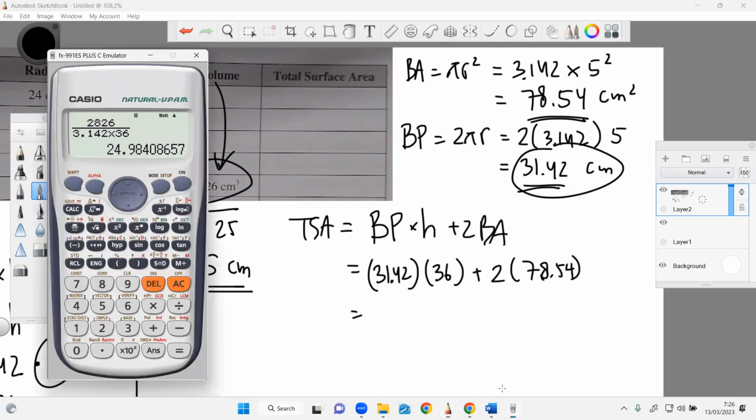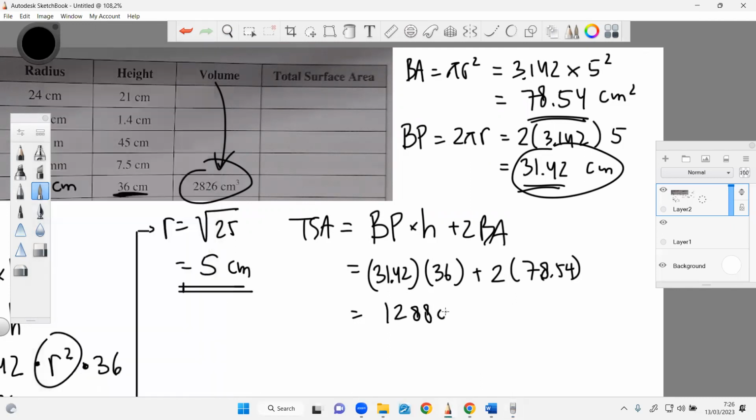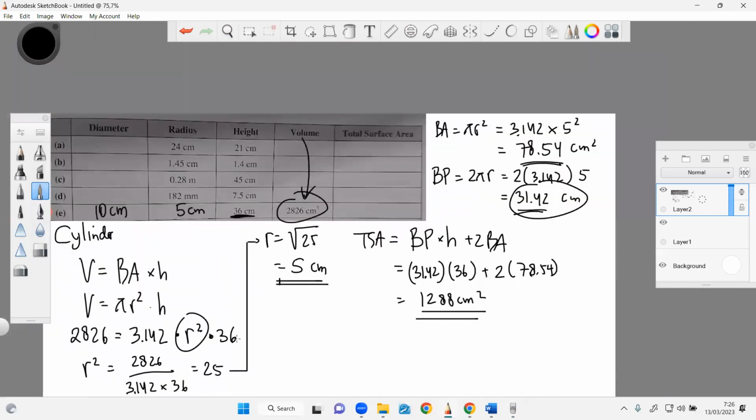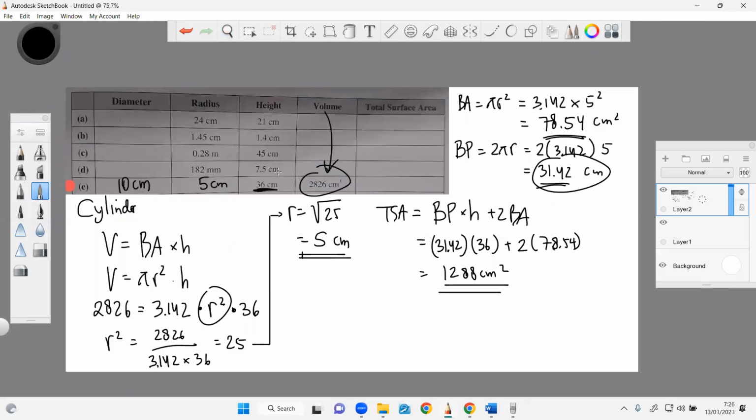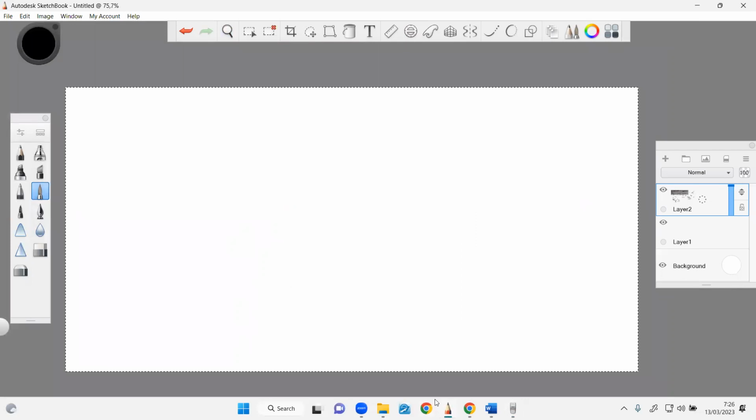So do your calculation: 31.42 times 36, and then plus 2 times 78.54. So this is your answer, 1288.2 centimeter square. Don't forget to put the unit. If you want to put the decimal, no problem. Okay, this is the answer for the cylinder.